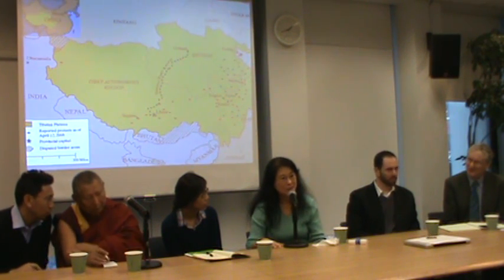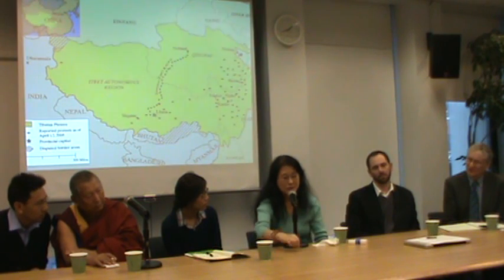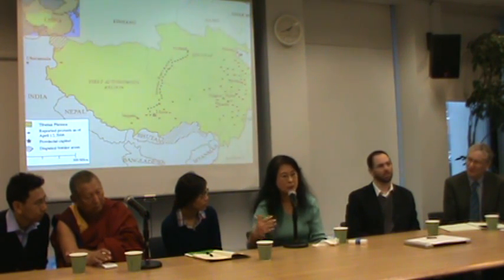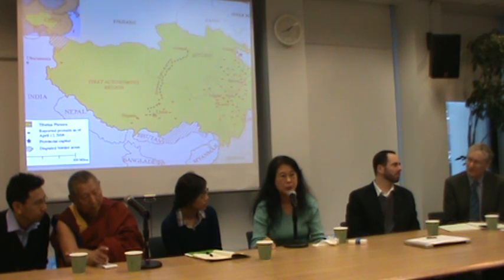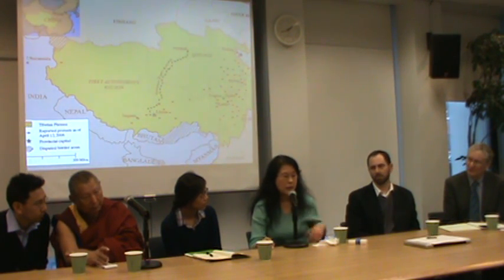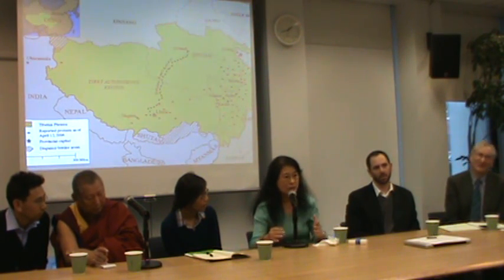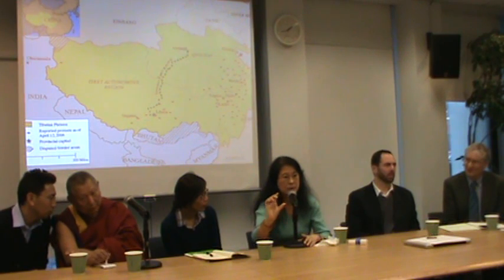He had a secret report. The report stated his purpose of going there. Why are we going there? What's our purpose? And he said, we're going to reinstall our suzerainty with China. He specifically used this term.